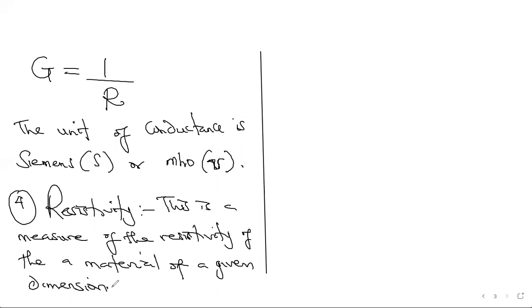Which means if you state the dimension of the material, the length or the cross-sectional area, then the resistivity can be determined when we know the length or the cross-sectional area.